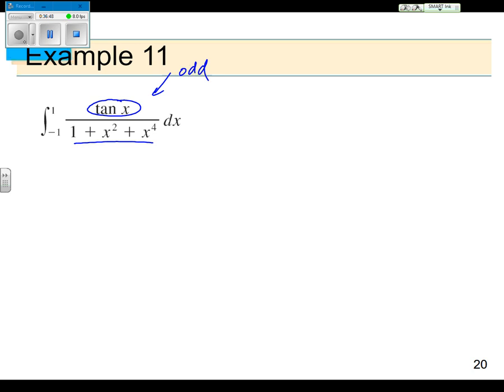And so since I recognize that it's an odd, and these guys match up, my answer has to be 0. A lot of work to show on that one. So anyway, that happens in your homework set. You can try to find that and enjoy that shortcut, but if you don't find it, we'll still get 0 at the end.